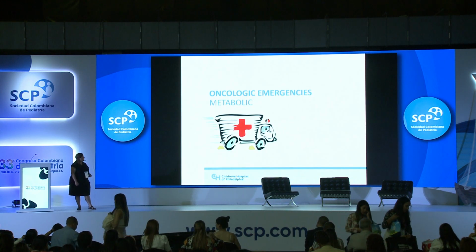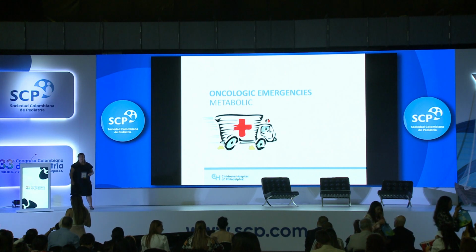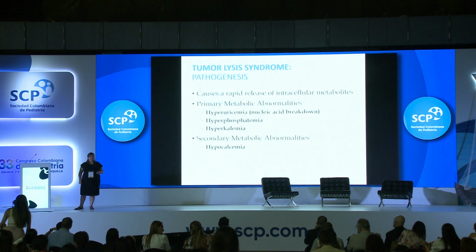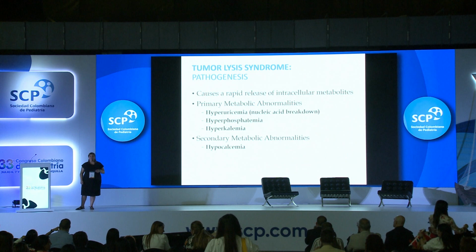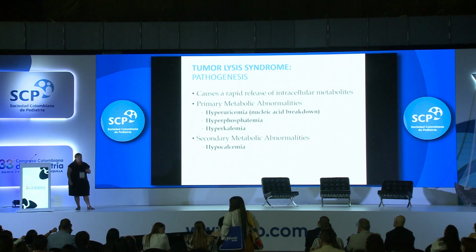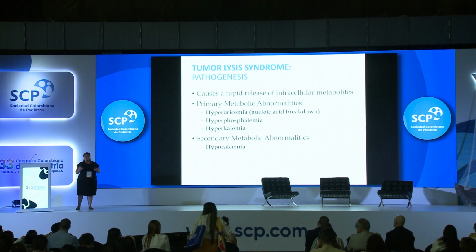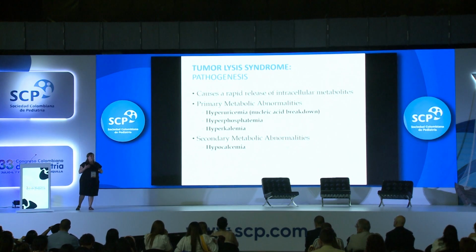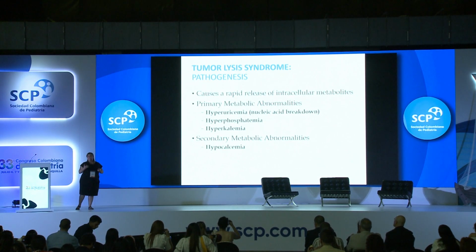I next want to move into oncologic emergencies that are metabolic in nature. And the number one that I think most people think of when they think of a metabolic oncologic emergency is tumor lysis syndrome. Tumor lysis syndrome is when blasts or tumor cells break open and cause a rapid release of intracellular metabolites.